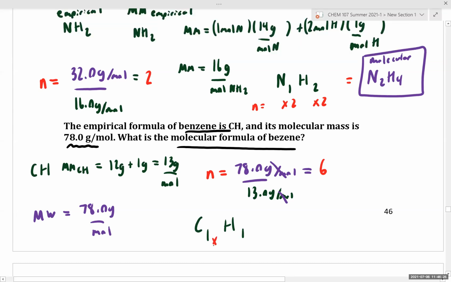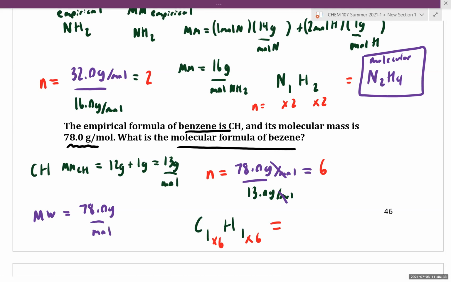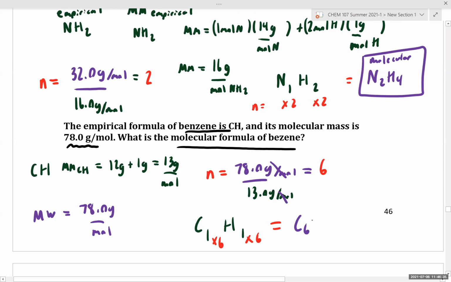We take our empirical formula subunits, multiply each of our subscripts by n, and that gives us our molecular formula. Does that make sense to everyone? Yes. Perfect.